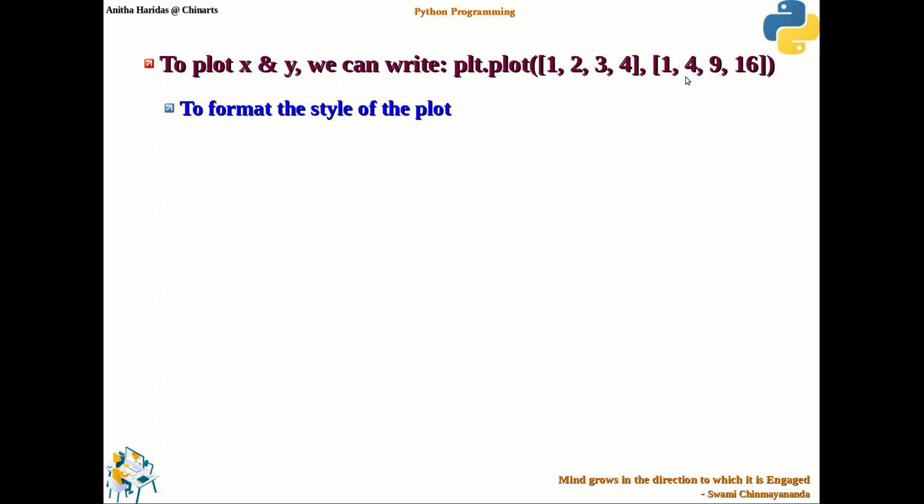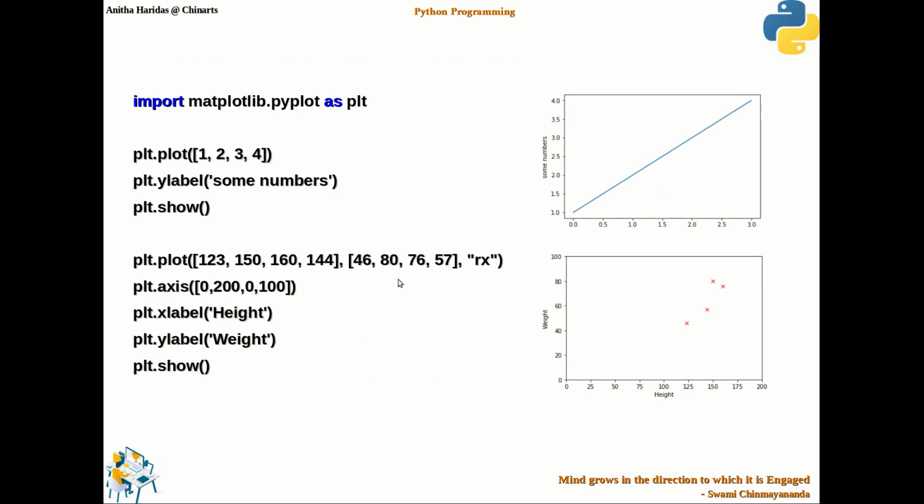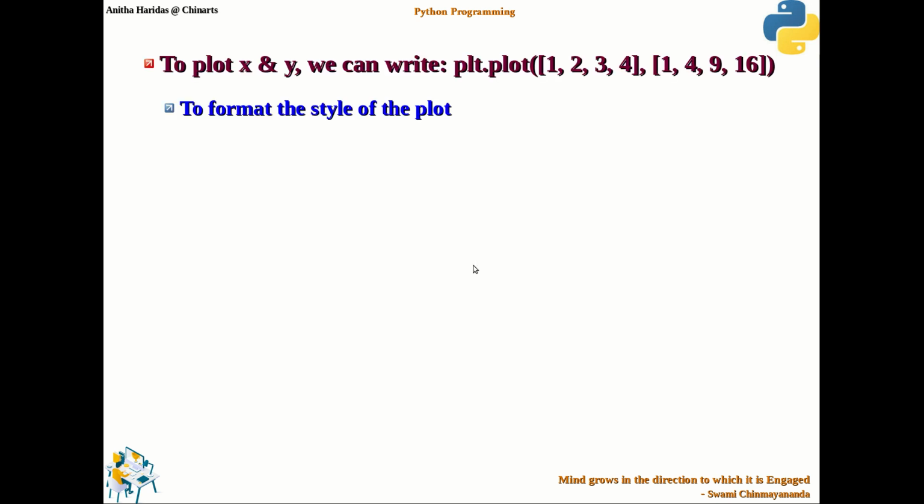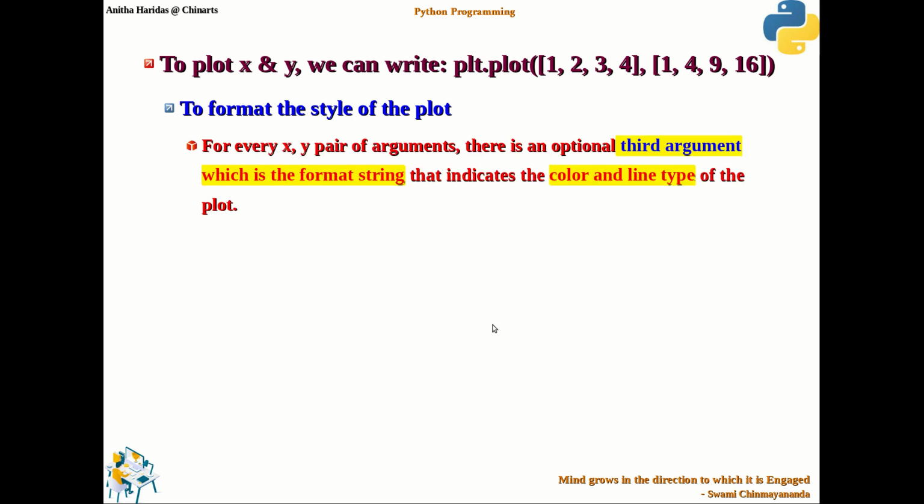And if you want to format the style of plotting, what do I mean by that? If I have just given x and y, it is going to mark with a line. Whereas I want to have it with the marker as x and color as red, that has to be given in the formatting. Let us see how the formatting is to be given.